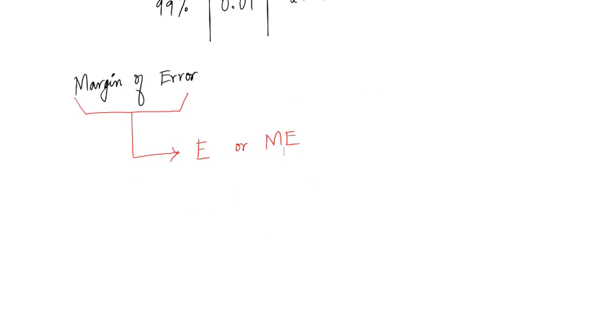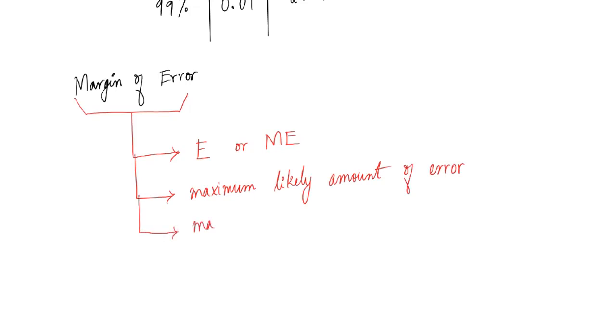It is the maximum likely amount of error, right? Margin of error is the maximum likely amount of error, because it's in the margin, right? That's as much as it can go. That is what we're saying, the maximum error of estimate. For that reason, it's also known as, AKA, maximum error of estimate, because you're estimating.